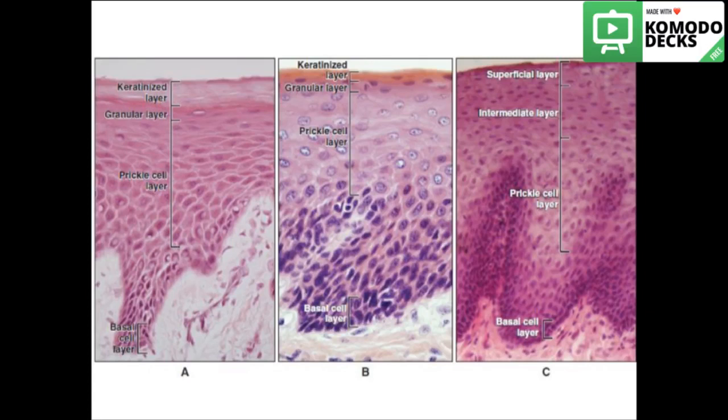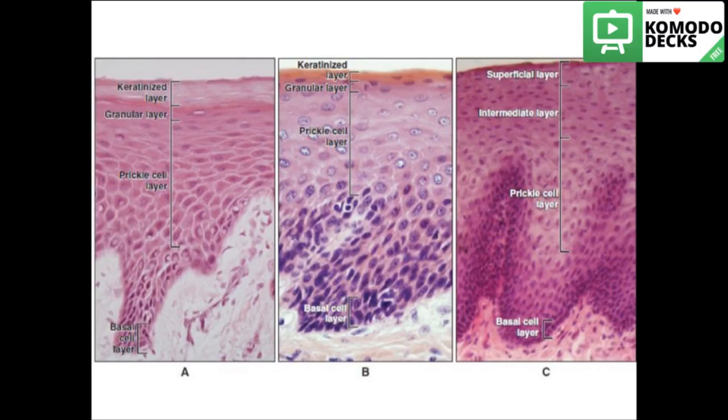We see the granular layer is the layer next to it, then the prickle cell layer, and one layer of the basal layer. The basal layer contains the stem cells which undergo mitosis and move for differentiation upward in the other layers.